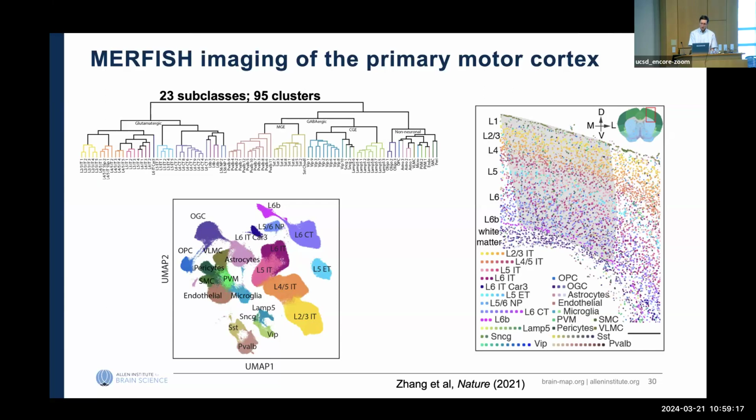But with MERFISH, now you can do, say, 500 genes, and they're pushing it even beyond that. What you do is you design a combinatorial panel, right? Your panel is done using a lot of combinatorics, where you select sequences that you know are common to a set of genes, and then you do another disjoint set, et cetera.